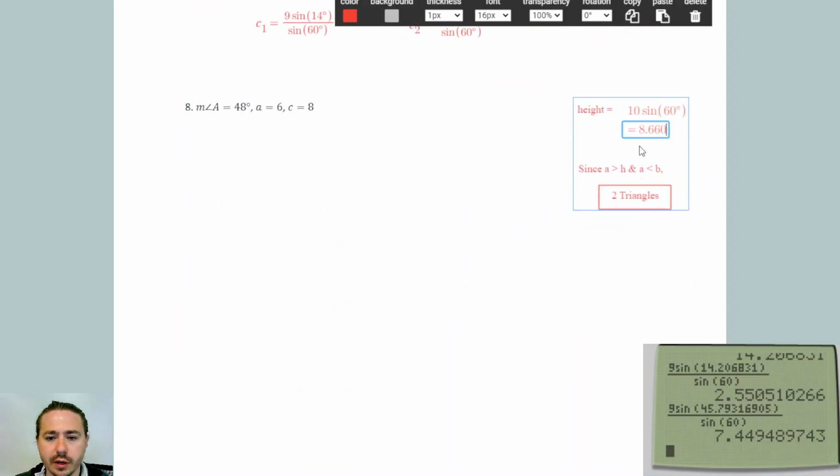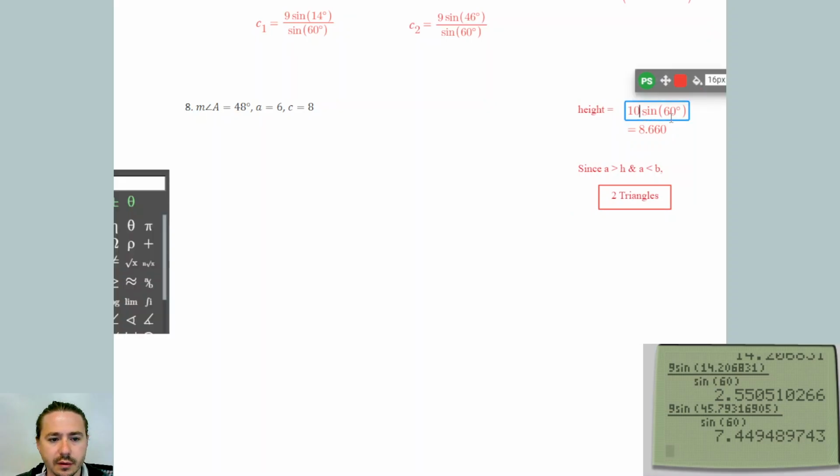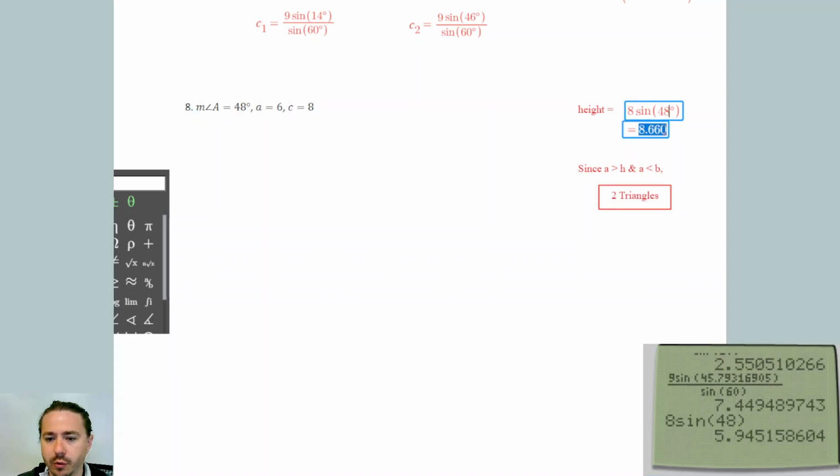All right, so let's see what's going on here. The height here is going to be 8 times the sine of 48. A lot of calculator action going on today. 5.945.